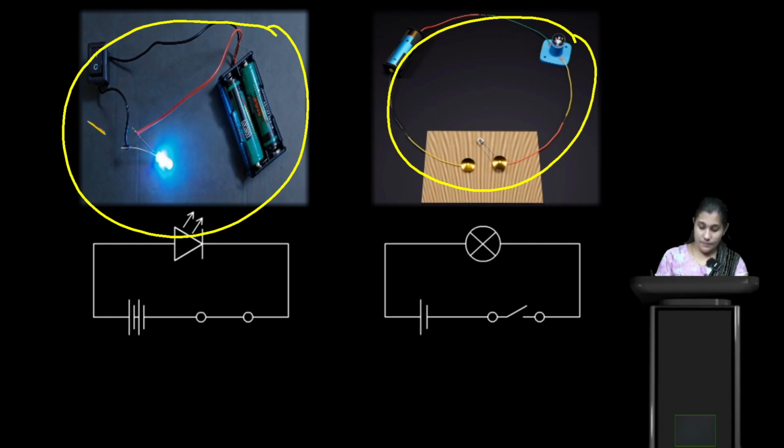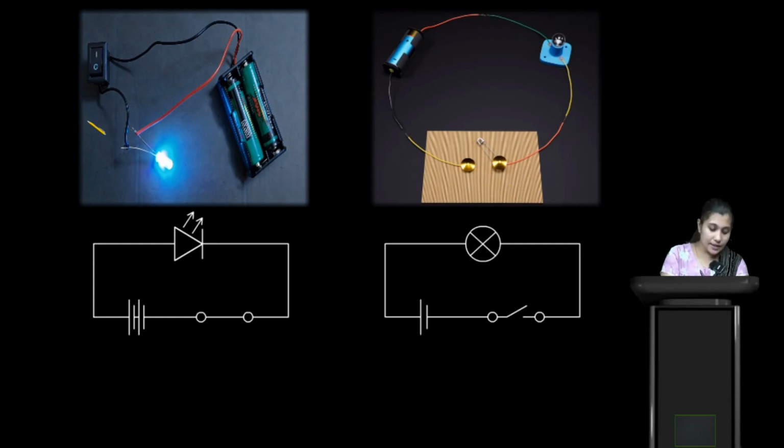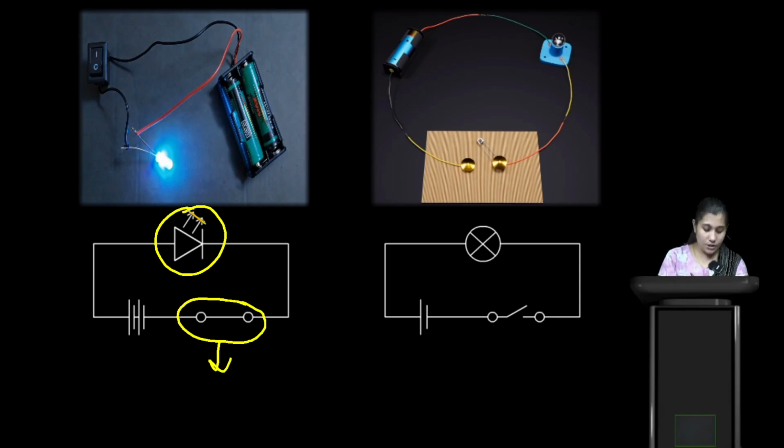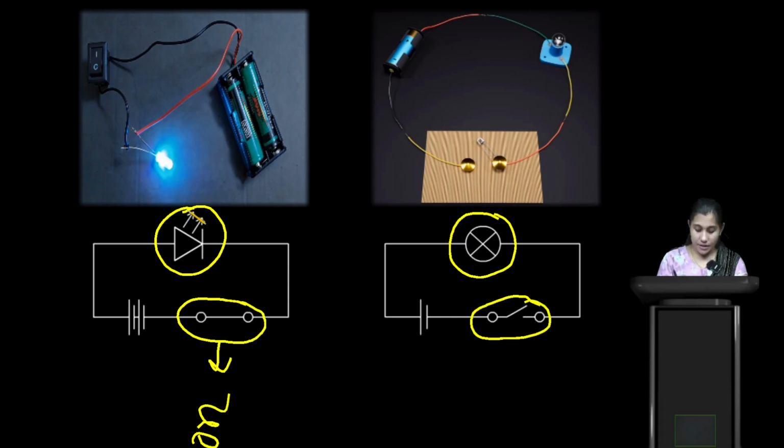The difference is in this circuit, this one is a what? This one is a LED. And here we gave the switch in which position? On position. And in this circuit, this one is the lamp. And here we gave the switch in off position.